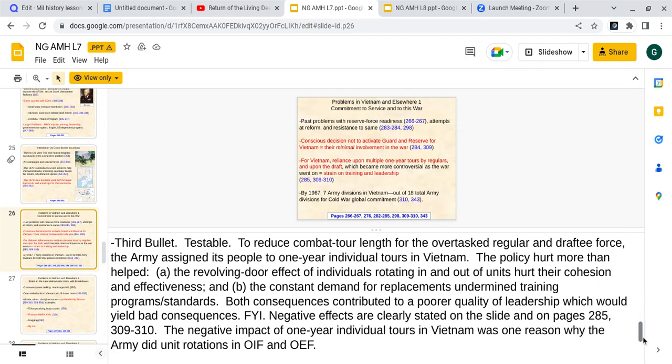It's constantly new people coming in and out. That also led to a constant demand for replacements, which undermined training programs and the standards of the training programs. So when you have to constantly be training new people, it puts huge demands on training, which inevitably leads to a lowering of training standards and undermines the training programs. And as a result of these two things, there was a poor quality of leadership, which led to bad consequences in Vietnam.